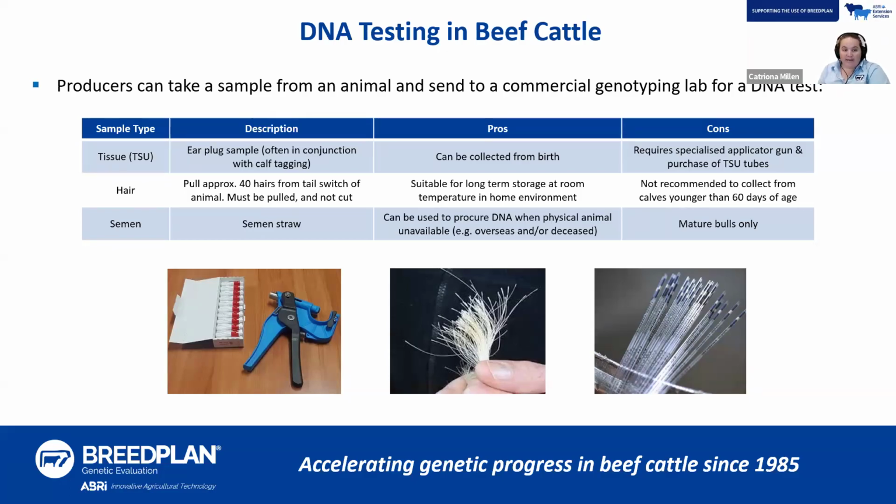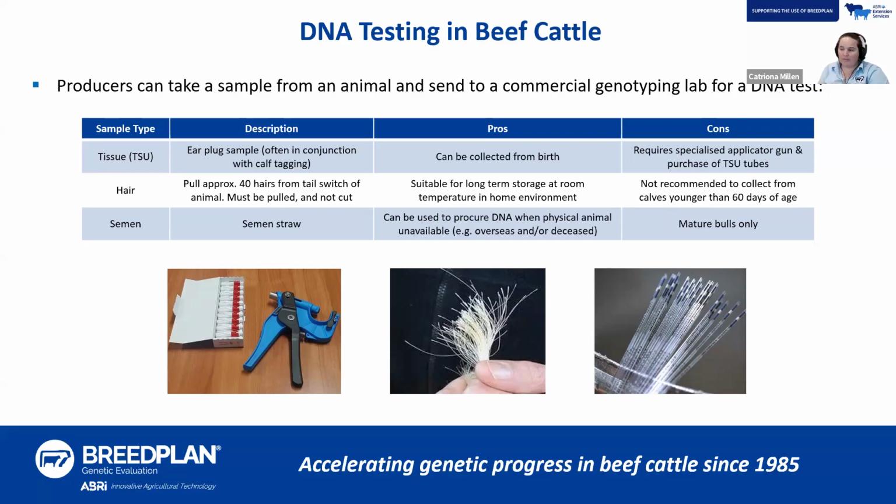The con is that the genotyping labs are recommending that you don't collect them on calves younger than 60 days of age, so they're not recommending they're taken at birth just because of the hair follicle development. I am aware that some producers take them at birth and don't have problems, but that is not what the lab is recommending, and there can be problems with not getting sufficient DNA samples.